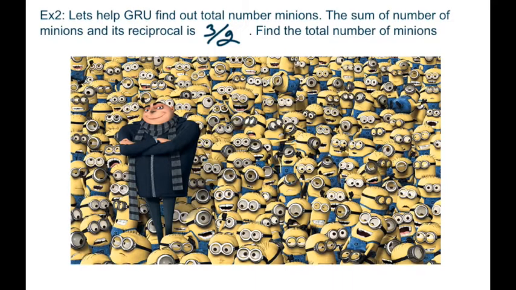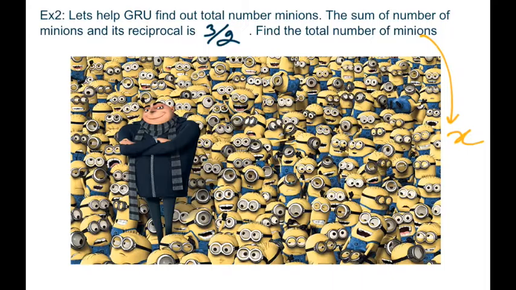Okay, next problem is, let's help Gru find the total number of minions. The sum of the number of minions and its reciprocal is 3 by 2. Find the total number of minions. Okay, great. So let's say the total number of minions is x.